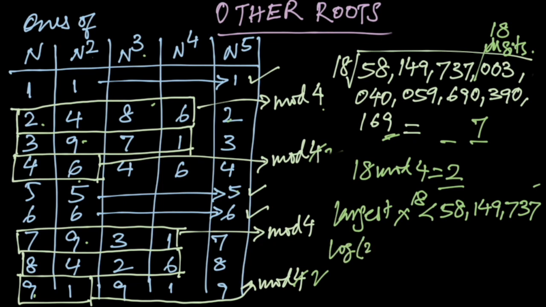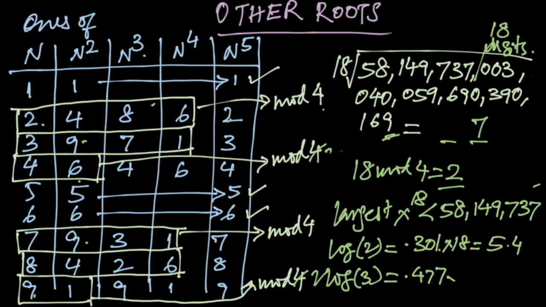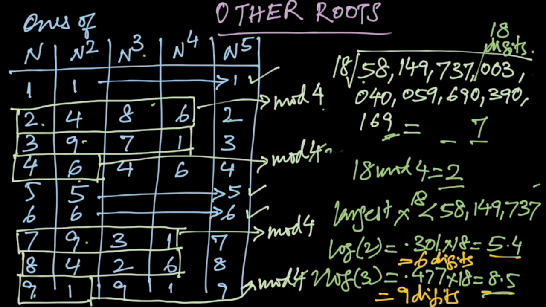If you take log of 2 you get 0.301. If you take log of 3 base 10 you get 0.477. If you multiply it with 18 you get 5.4 and 8.5 respectively. It means 2 raised to the power 18 will be a 6 digit number, whereas 3 raised to the power 18 will be a 9 digit number. Since it is only 8 digits, here we will have 2.